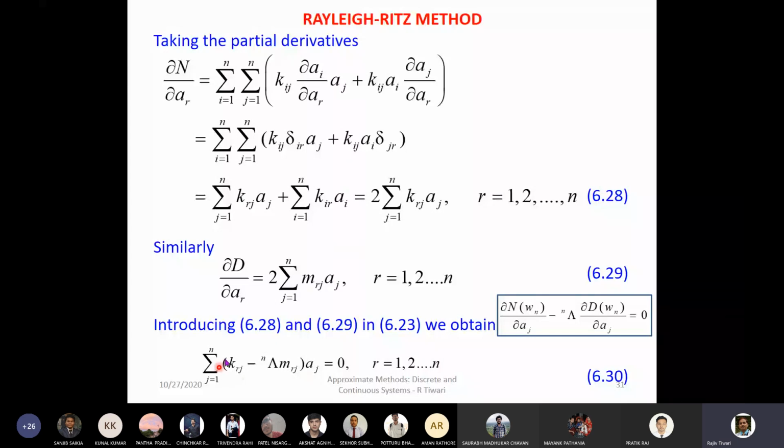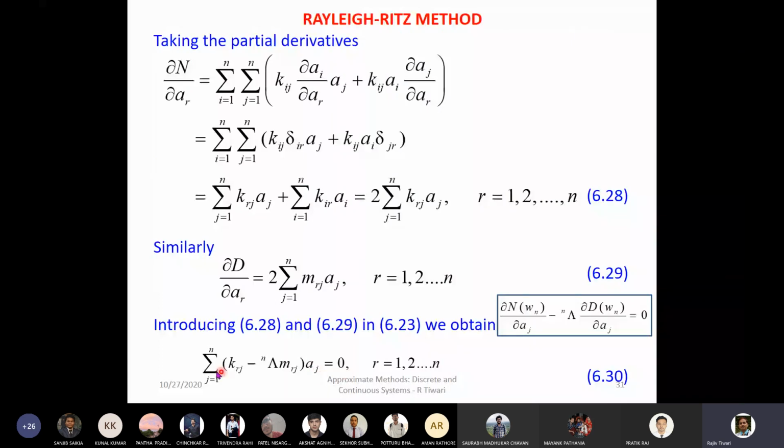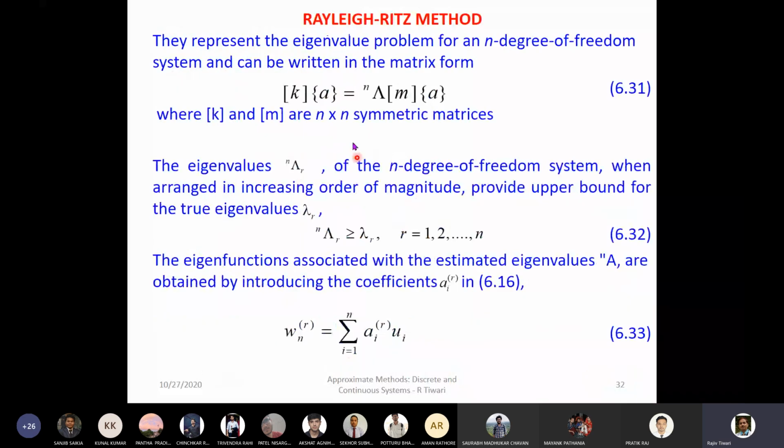Now this expression, we encountered previously, and it can be written in a matrix form like this. K contains all the stiffness coefficients, and A is the vector of constants, which we have n in number. So these are n simultaneous equations which we are putting in matrix form.